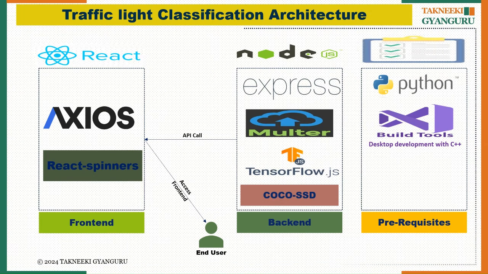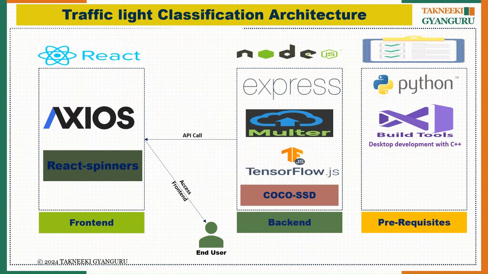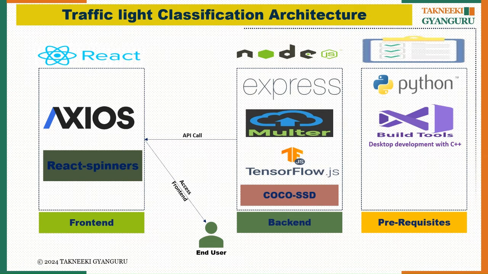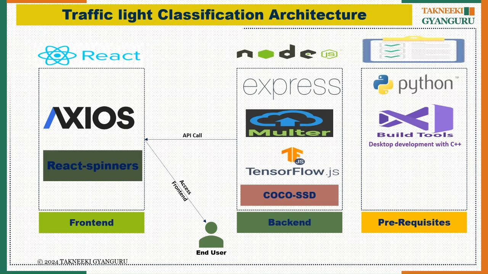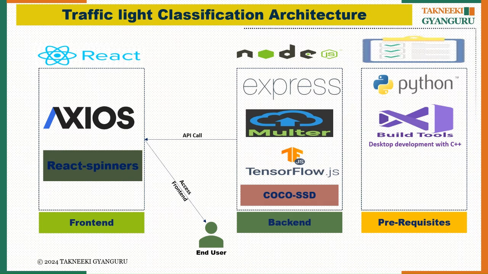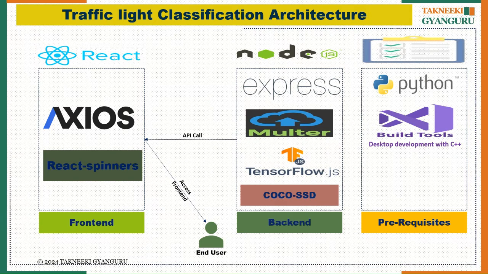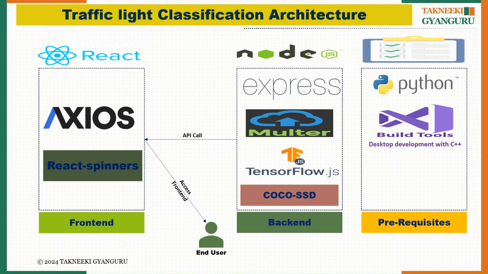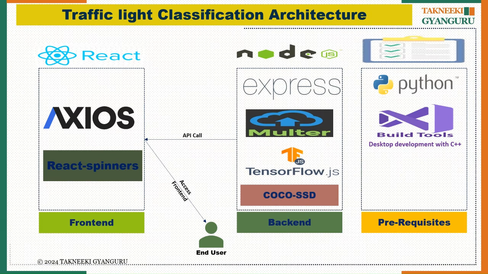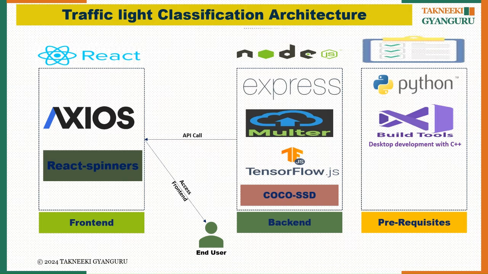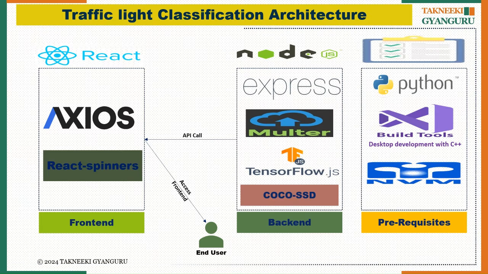If you already have Visual Studio installed on your system, then it is not required, because by default it is installed if you have already checked this option. Otherwise you have to install it; this is a prerequisite for TensorFlow. Another point, it is not a prerequisite, but I have the latest version of Node, 21.